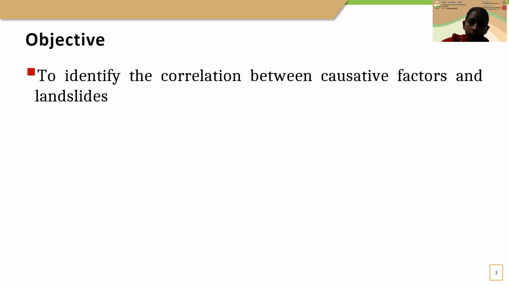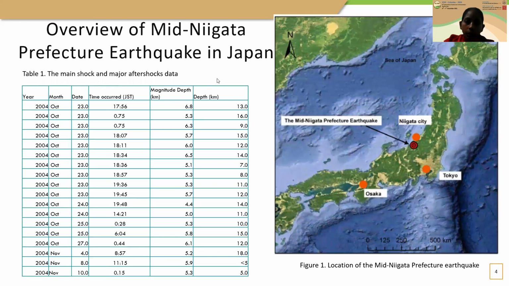And if you talk about the Mid Niigata Prefecture earthquake in Japan, that happened in 2004 on 23rd of October. In addition to the main shock, you can see from this table, there are three other aftershocks that have a magnitude of more than 6.